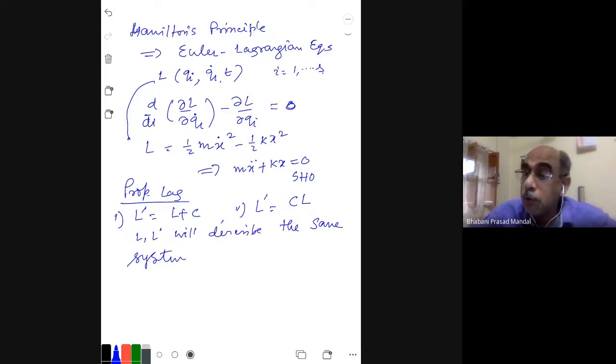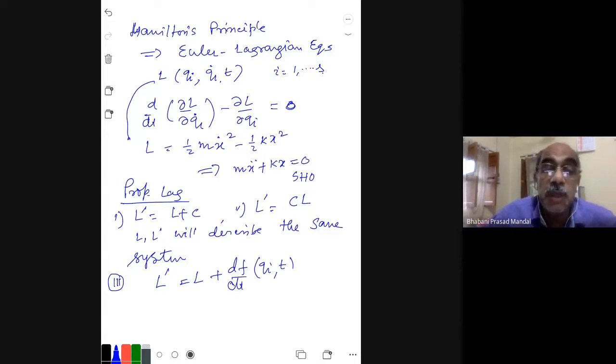Okay. So today I'm going to tell you another property which is very important. Now if you have an L prime, which is L plus df/dt, where f is a function of q_i and t, then what will happen? This is very important.